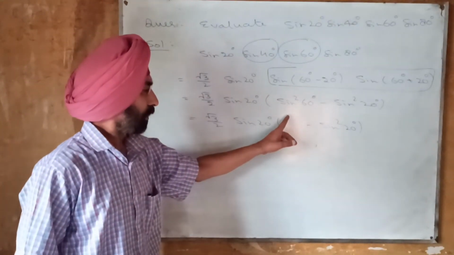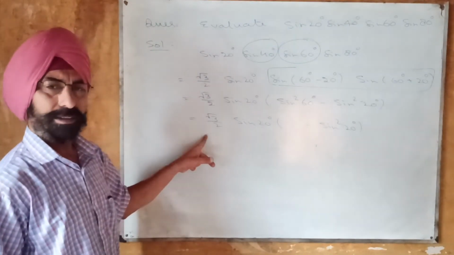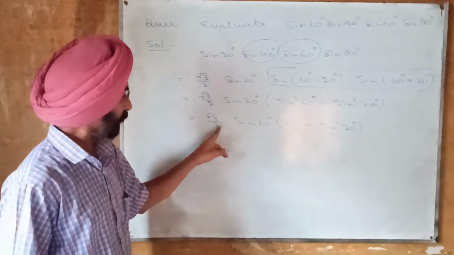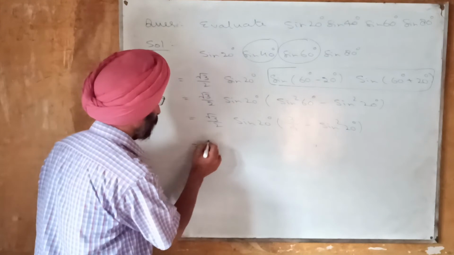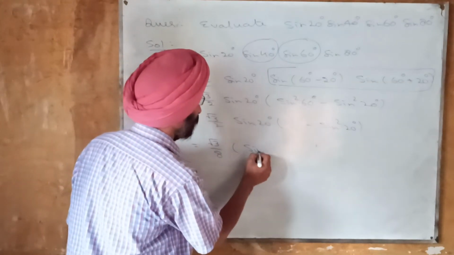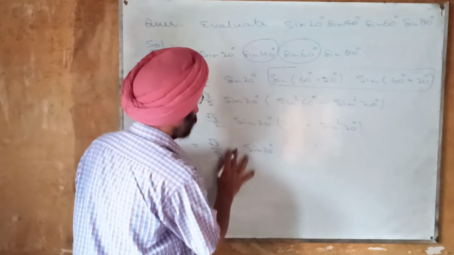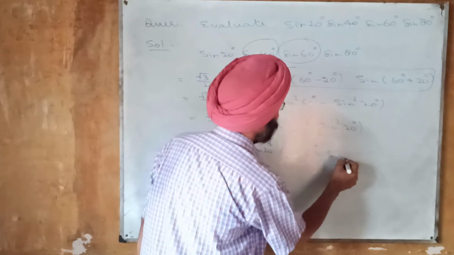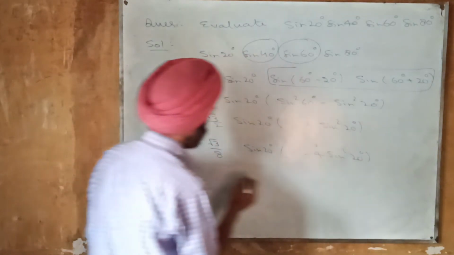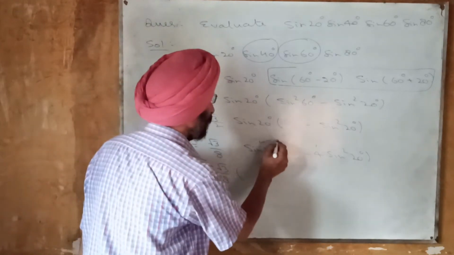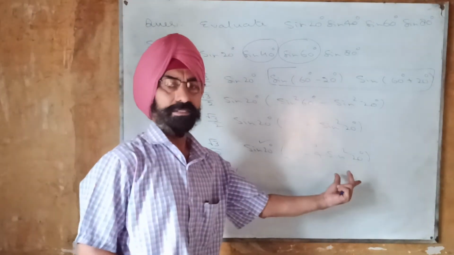Take 1 by 4 outside and multiply. So the 4 coming from the denominator multiplying here will become root 3 by 8, sine 20 degree, and in the bracket you will be left with 3 minus 4 sine square 20 degree. So it is root 3 by 8 and multiply this sine 20 degree in the bracket.